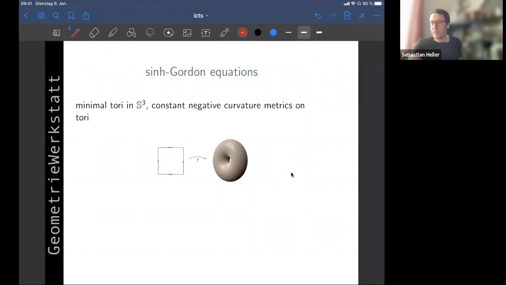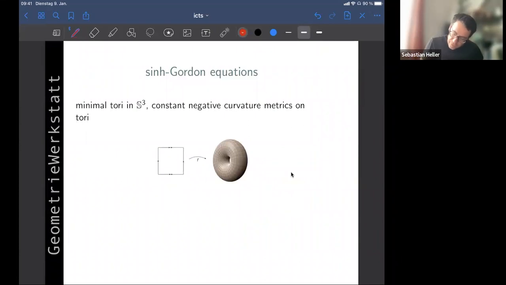The equations are different for surfaces in R3 and S3, of course. The equations for minimal surfaces in the 3-sphere become much harder to study. But in that case, we still get some relationship to holomorphic data, and I will explain how this works in a second.